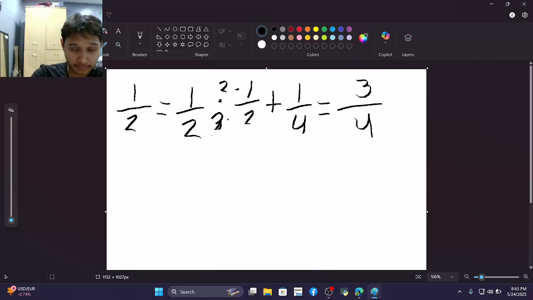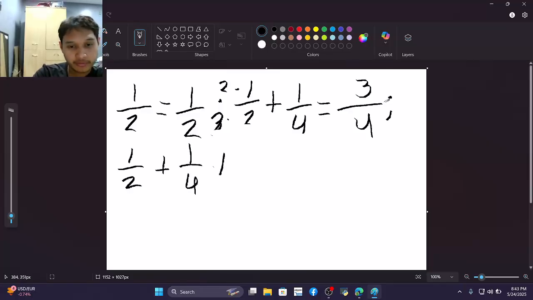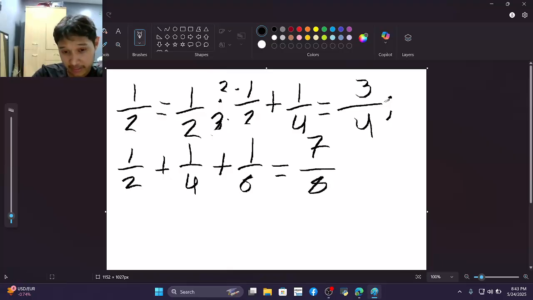And we have to keep going. So if we add 1/2 plus 1/4 plus 1/8, it will be 7/8, because we had to get the same denominator.